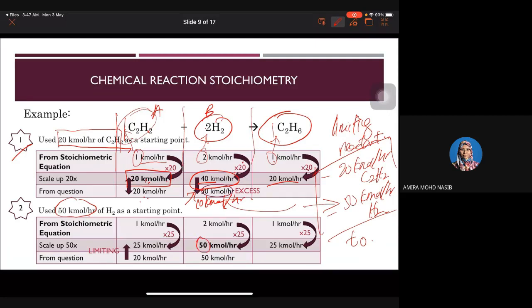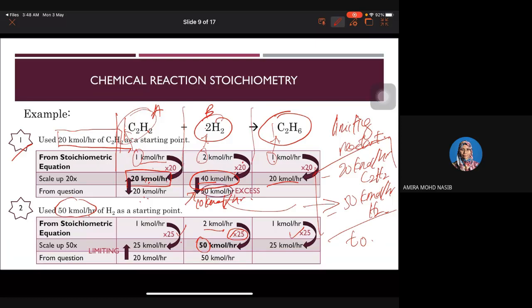So in order to get 50 kilomole per hour, you times with 25. Since the coefficient is 2, so 2 times 25 is 50 kilomole per hour of hydrogen. So since this one is times 25, the rest also need to times with 25.